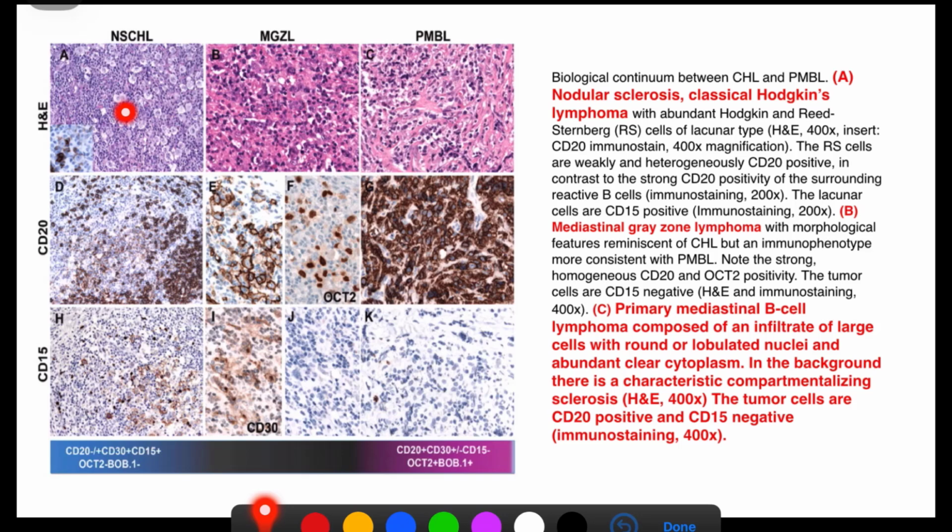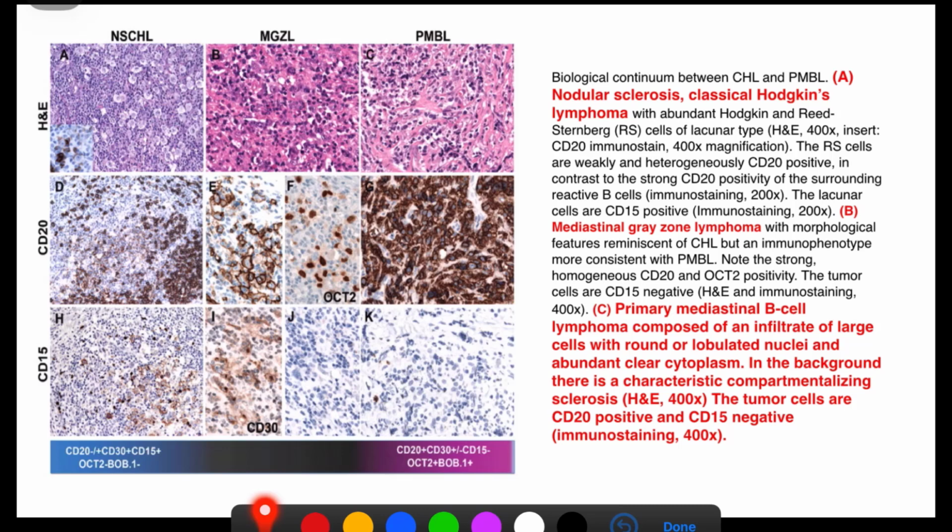H&E shows lacunar type of cells. This is mediastinal gray zone lymphoma, and here is the category that we are discussing, primary mediastinal B cell lymphoma. So in H&E you can see sclerosis in between. So this is the H&E section.